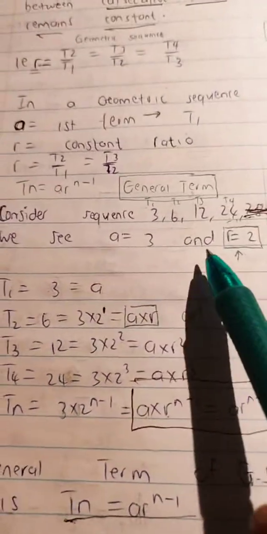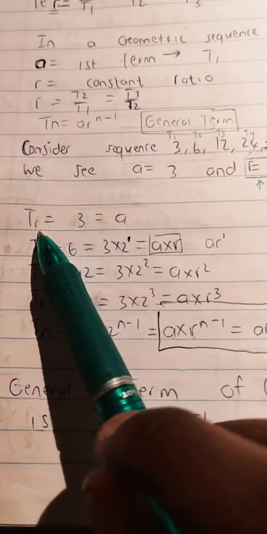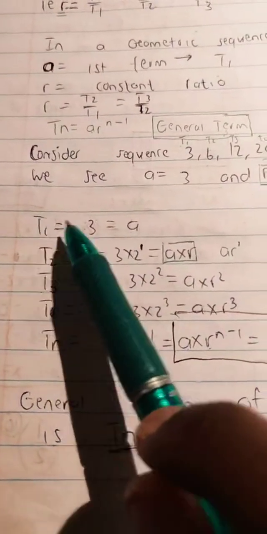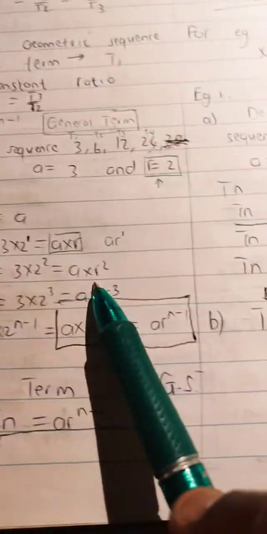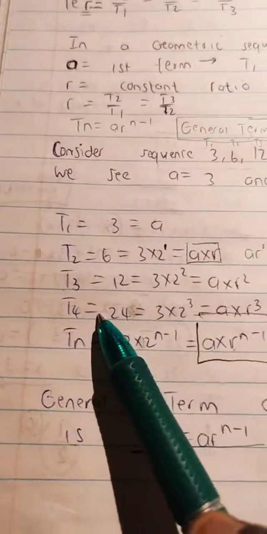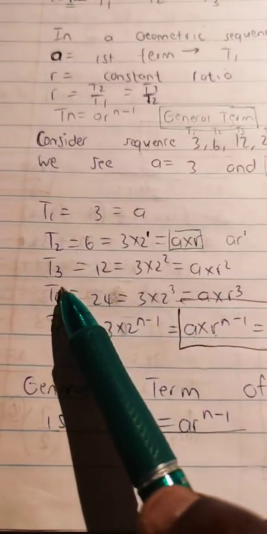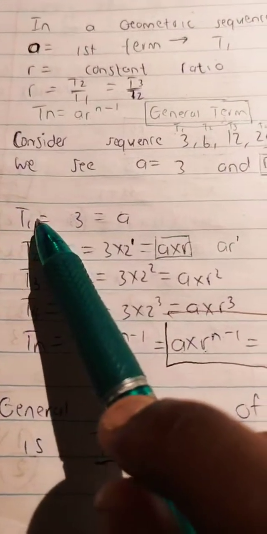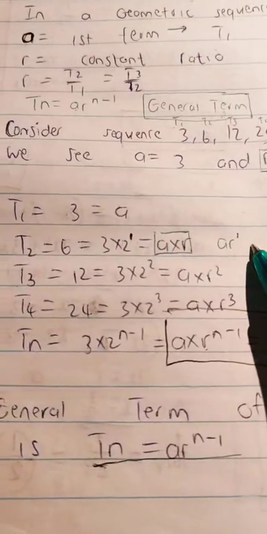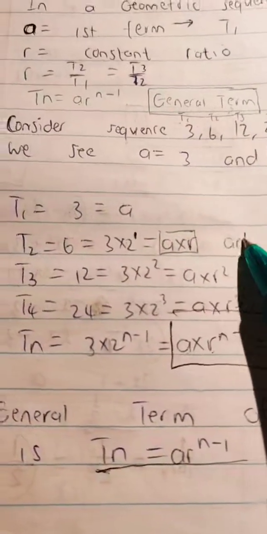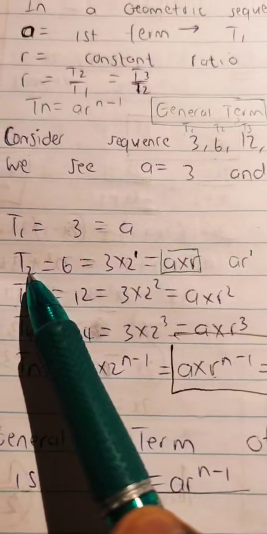Remember here, I said to you guys that we need to know how to write the terms. Term 1 is A, term 2 is AR, term 3 is AR squared, term 4 is AR to the power 3. So what we are finding is that the power of R for each term is going to be 1 less than the position of the term.